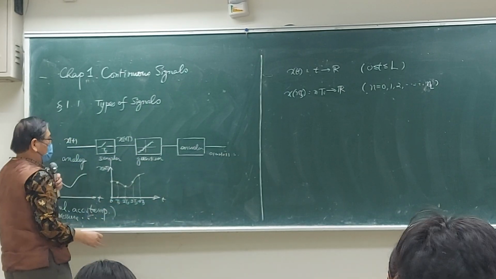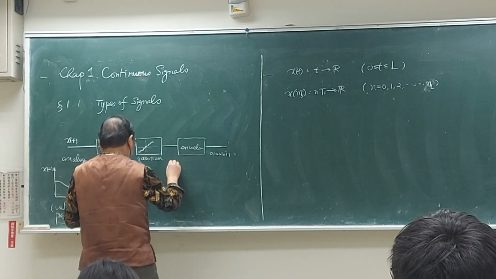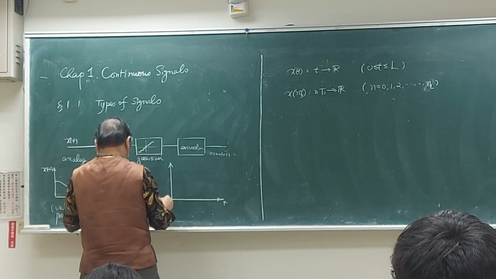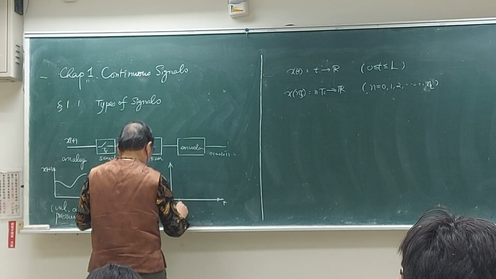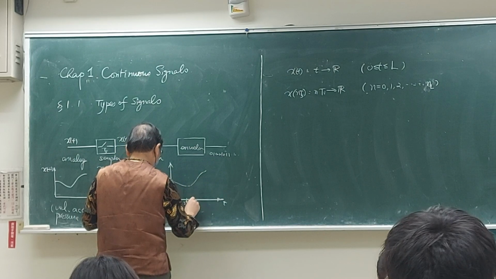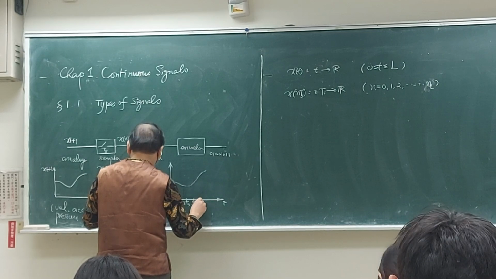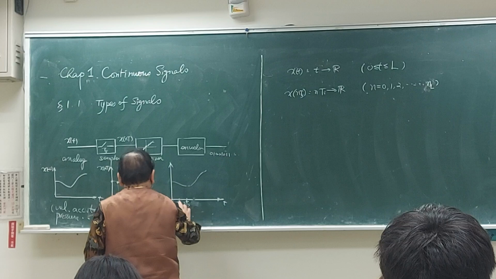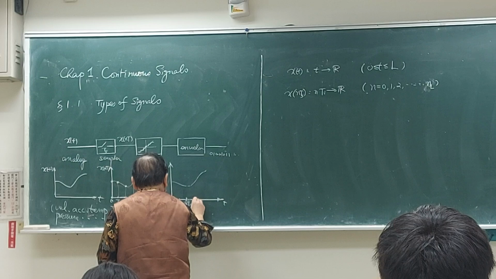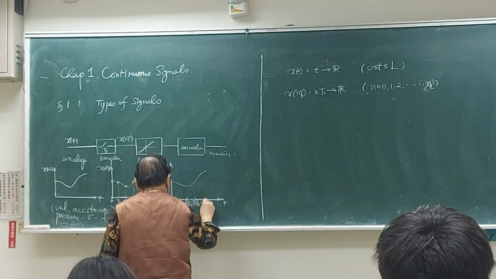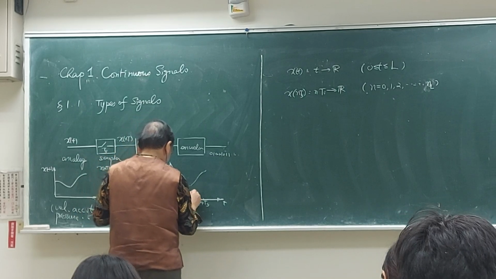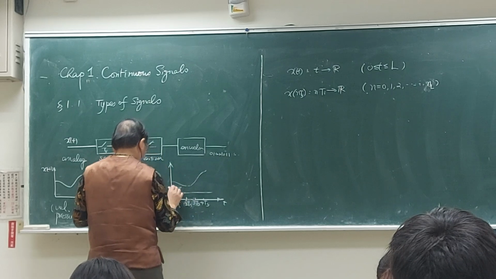And then we go through a quantizer. Okay, so for the quantizer, we have to divide the output into some quantization levels.